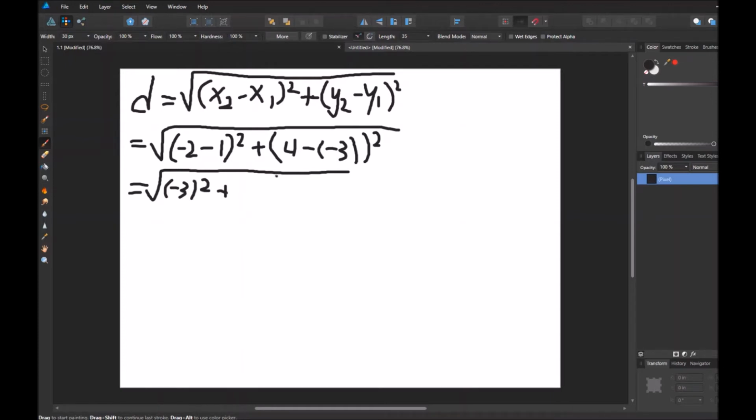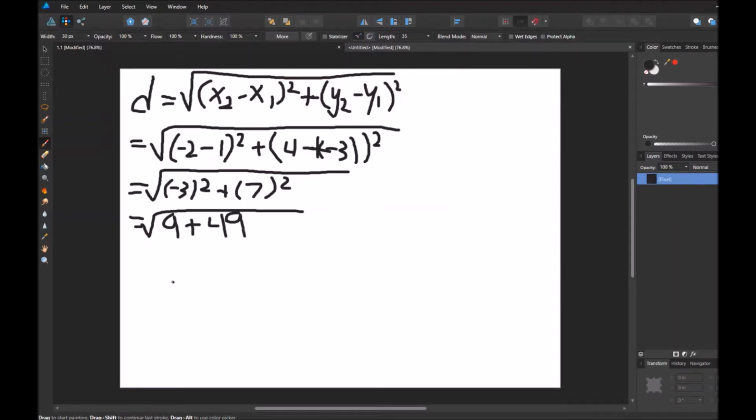And 4 minus a negative 3 is the same thing as 4 plus 3. So 4 plus 3 is 7, and that's 7 squared. And then negative 3 squared is 9, plus 7 squared, which is 49.